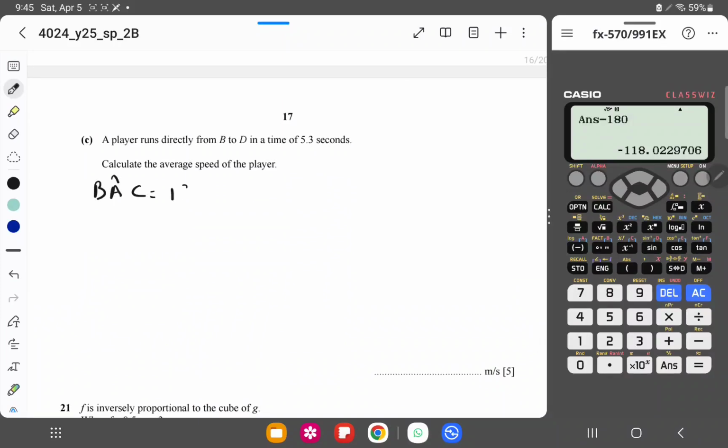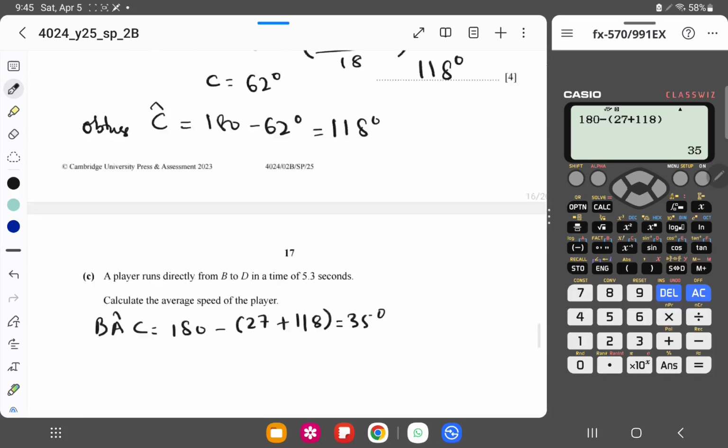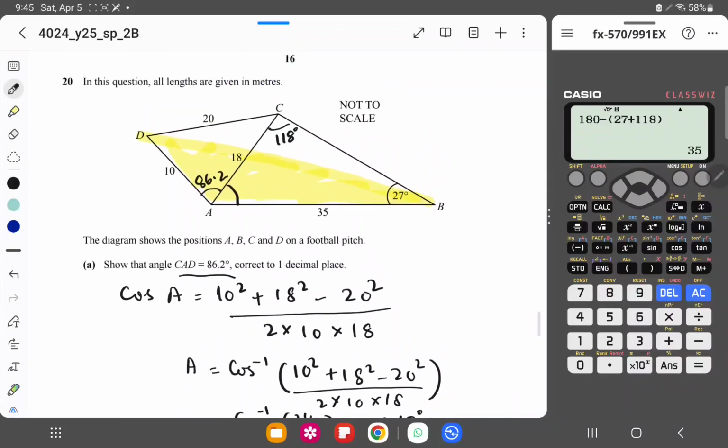BAC is equals to 180 minus 27 and 118 degrees. So this angle is 35 degrees. Whenever we look at the diagram, this is 35 degrees.